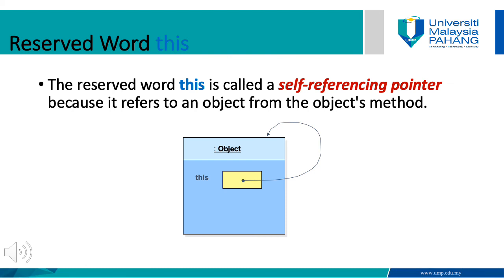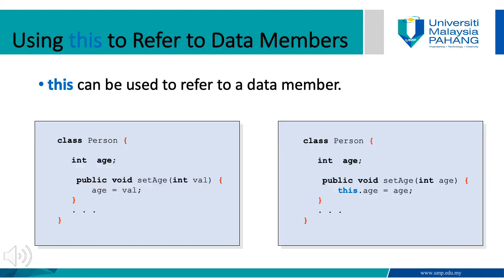You use the word this in the code to refer to the object that you declared earlier. This is an example of how to use this to refer to data members.